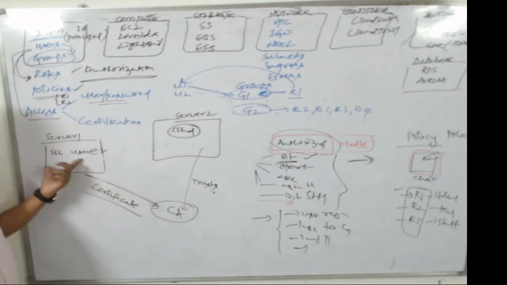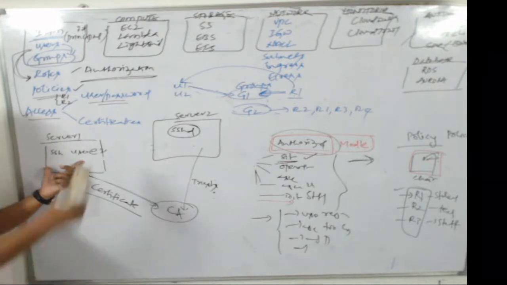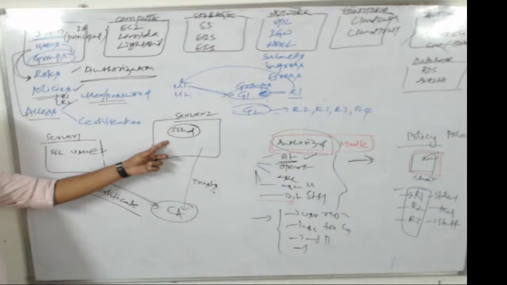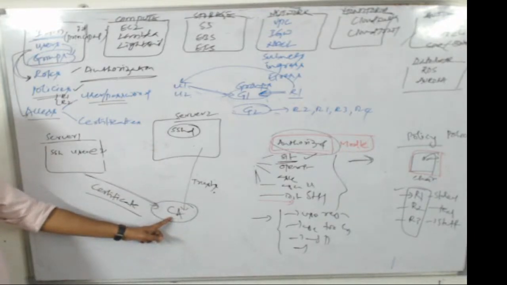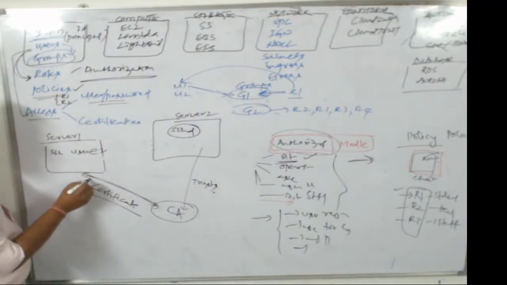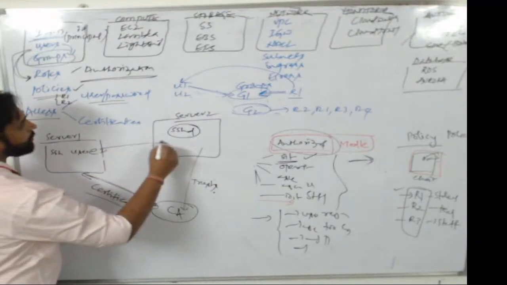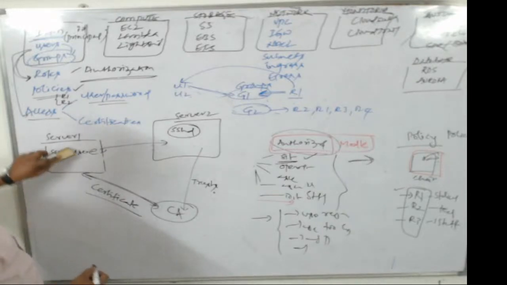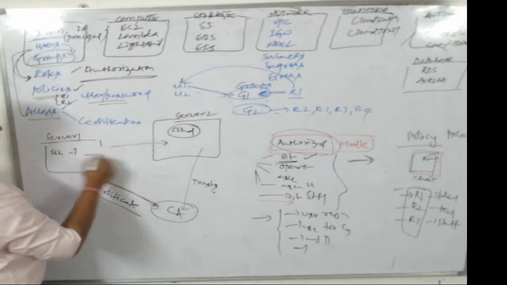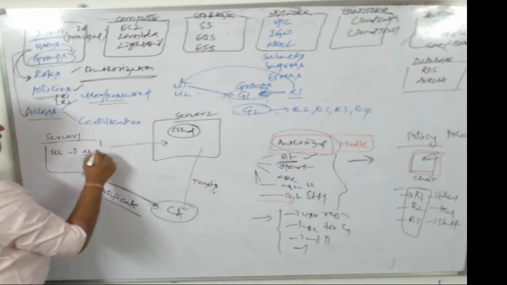It says, okay, I know server 1, I checked everything. It seems okay, you can allow that server 1 to log in into anybody that I trust. Now this guy, after getting the certificate from CA, now goes to server 2. And how does it go? SSH-I with the abc.pem key.